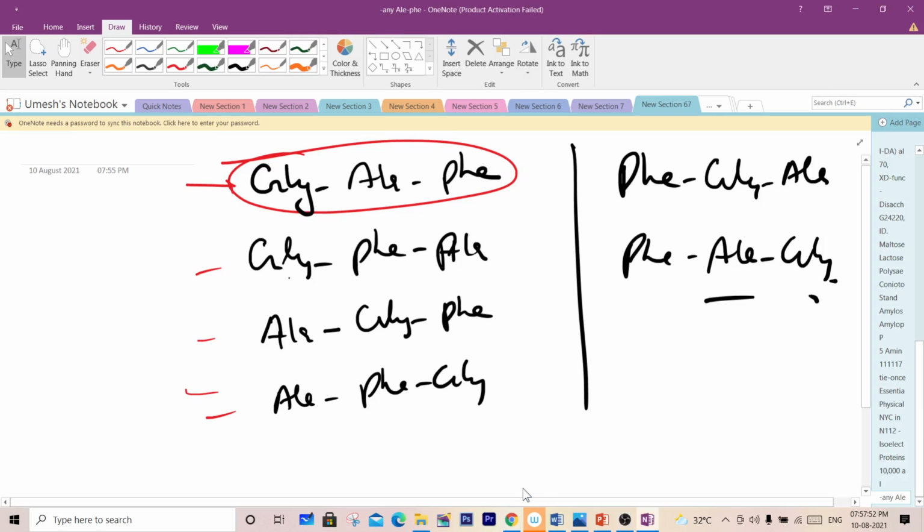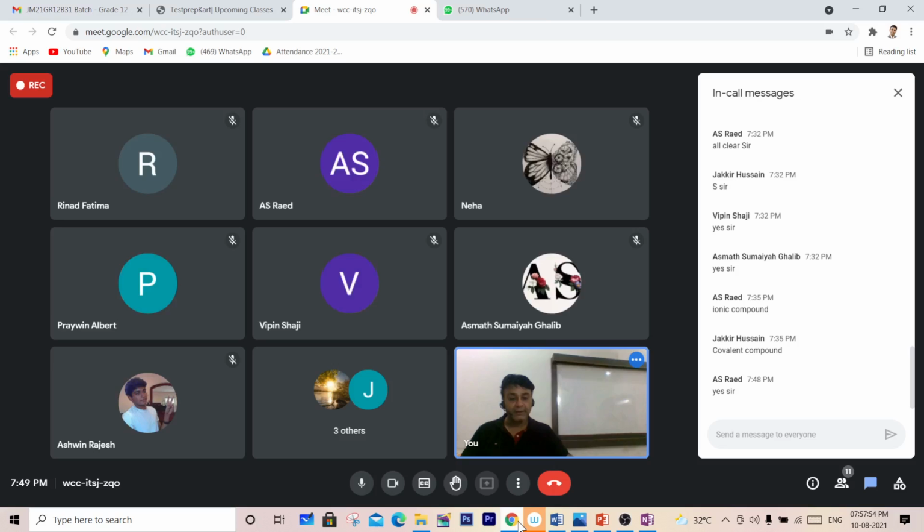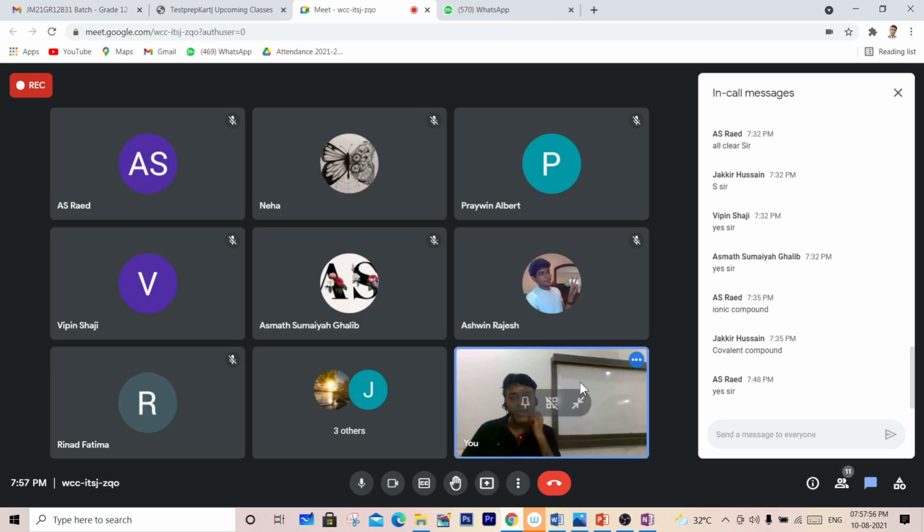You might have seen an advertisement of Fair and Lovely, different beauty products, claiming that your skin color will change from a dark color to a bright color. That is all fake. The protein structure cannot be changed. You can wash them, clean them, make them shine, but you can't change the color.